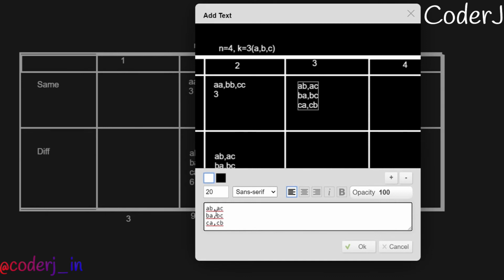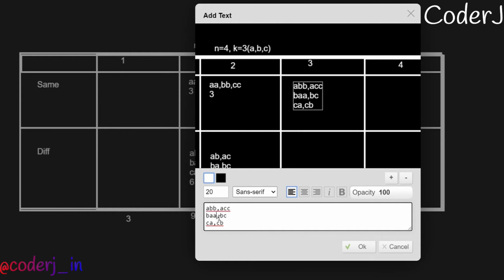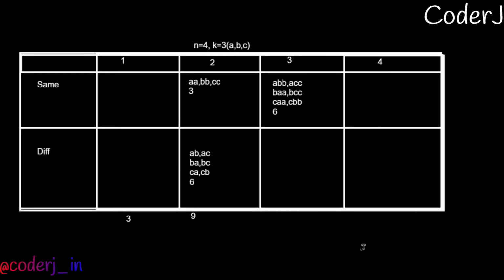So I'll just replicate the last pole. I think that will be enough to satisfy the condition. Our condition was that the last two poles should have the same color, right? So ABB, ACC, BAA, BCC, CAA, and CBB. The total number of ways here is six. Even now we are respecting the condition of the question, that at most two poles should have the same color.